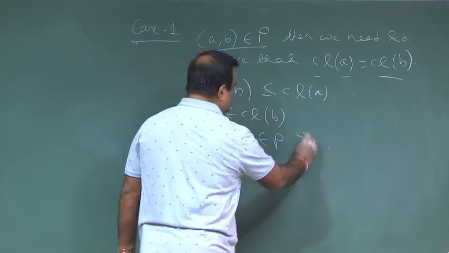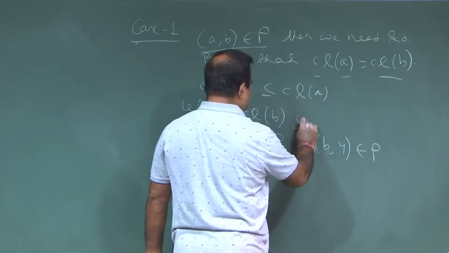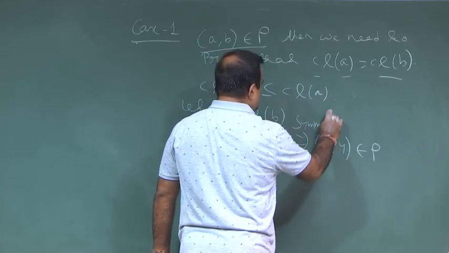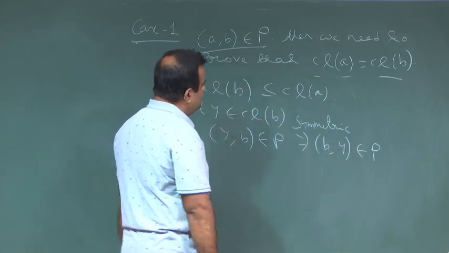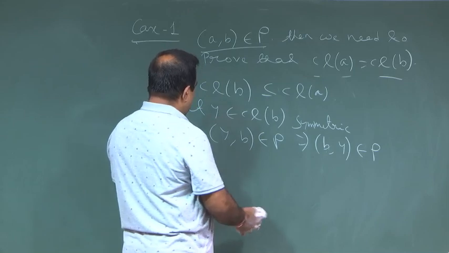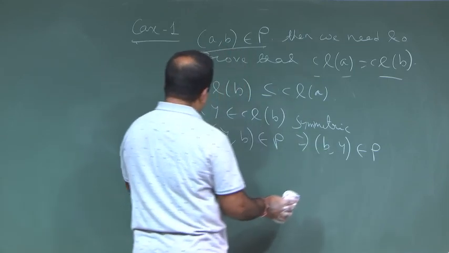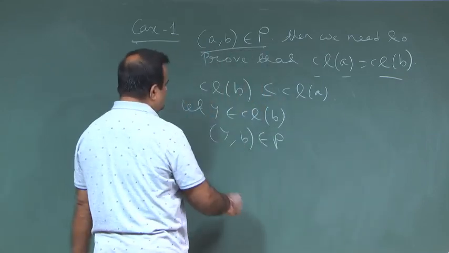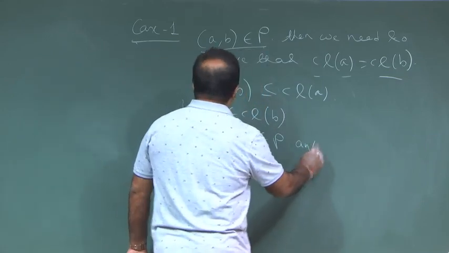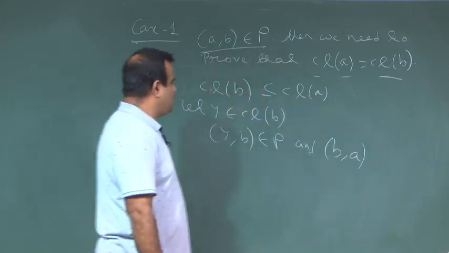So, this means (B, y) is related, by the property of symmetricity. Sorry, (y, B) is related, we do not need the symmetricity property to use this. (y, B) is related, and we know that (A, B) is related, that means (B, A) is also related, because rho is symmetric.